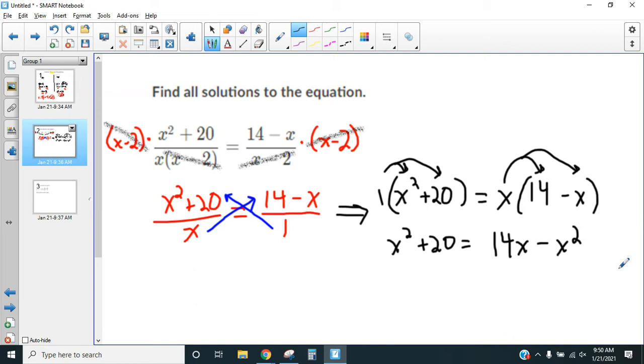All right. Now, I want everything that is a variable on one side. So, here we are.